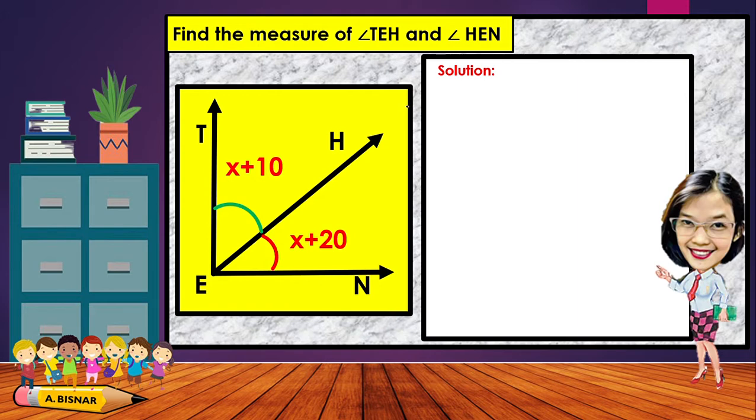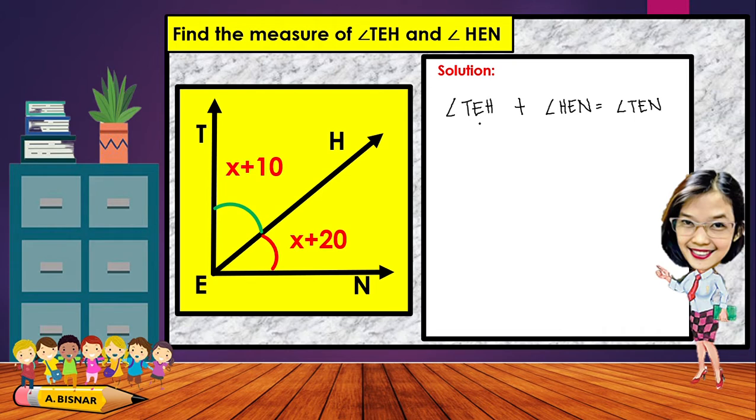From what we have studied a while ago, if we add the measures of these two angles, angle TEH and angle HEN, this will be equal to the measure of angle TEN. So what to do next? Just simply substitute the values.